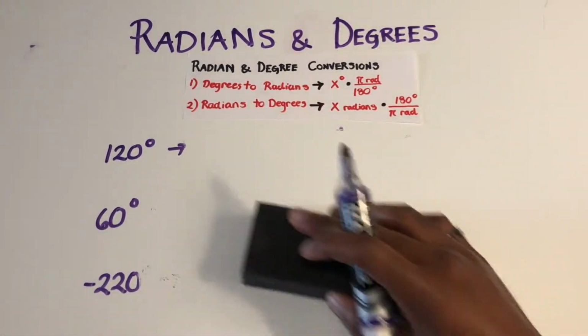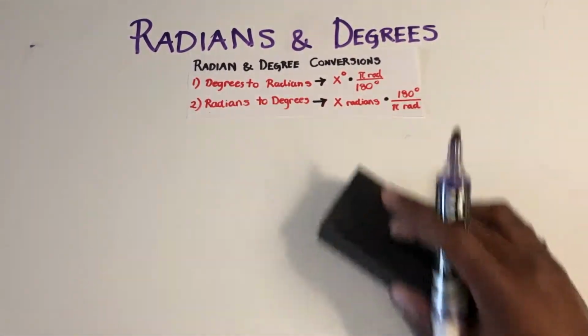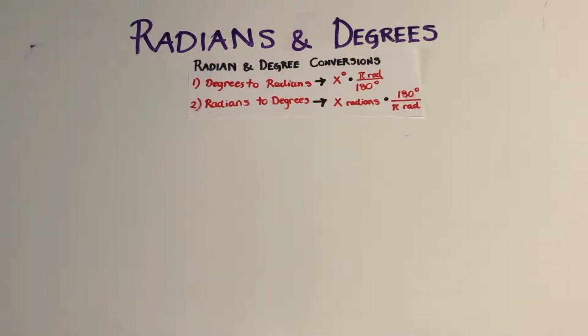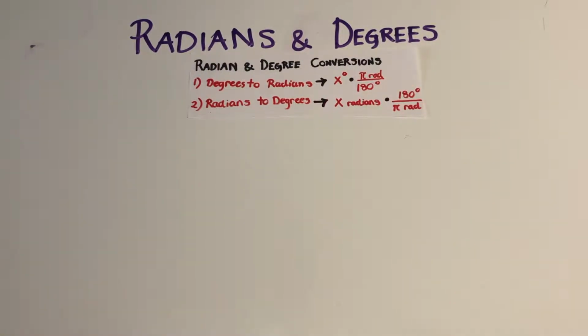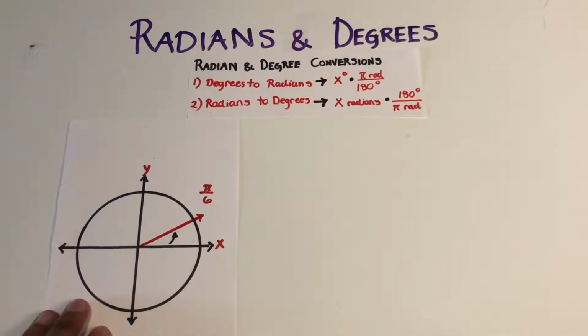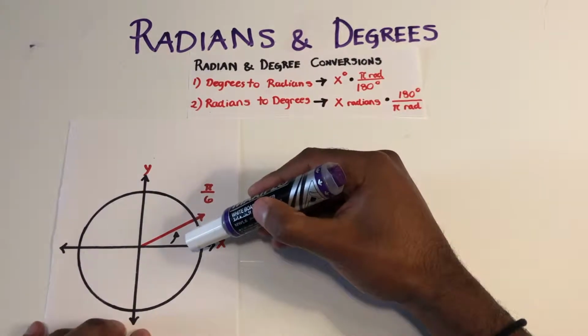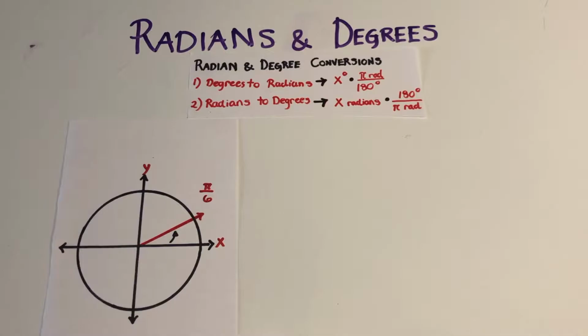Let's try practicing converting from radians to degrees. In our first one, we have pi over 6 here. Notice how the angle is measured from the positive x-axis all the way up to pi over 6.